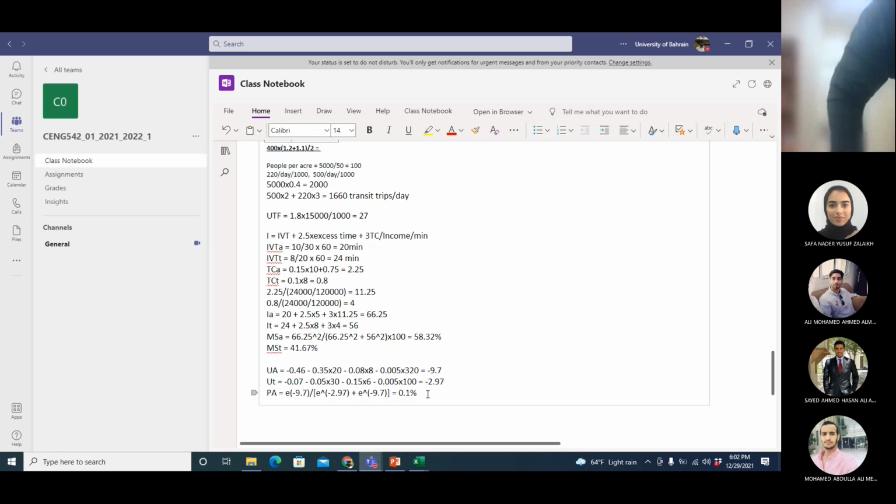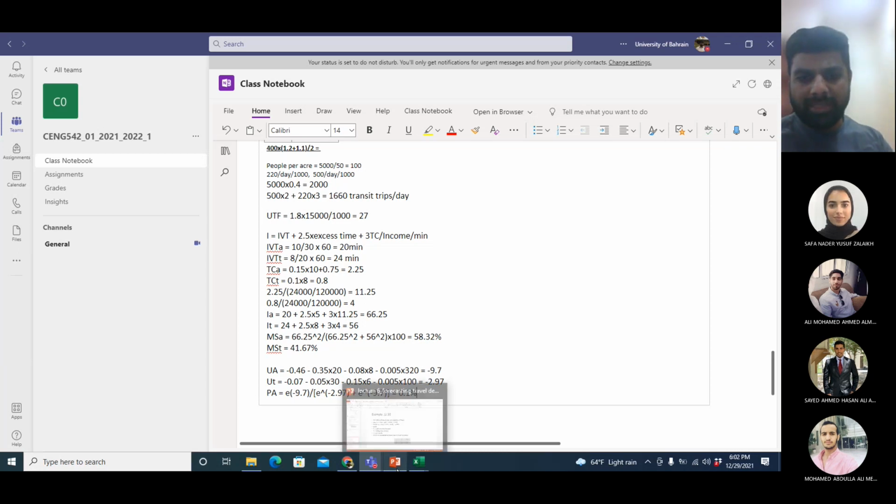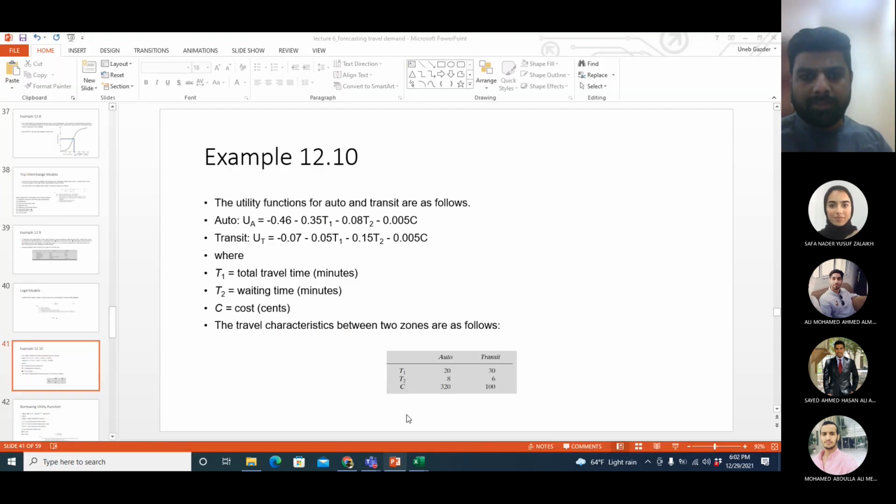Now the word logit, because you may hear it in some other functions as well. Logit is basically a function. When we say logit model, it is basically this function.